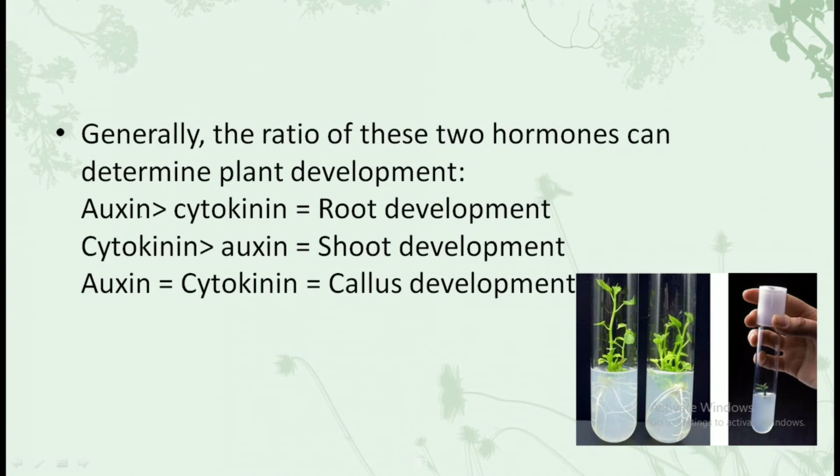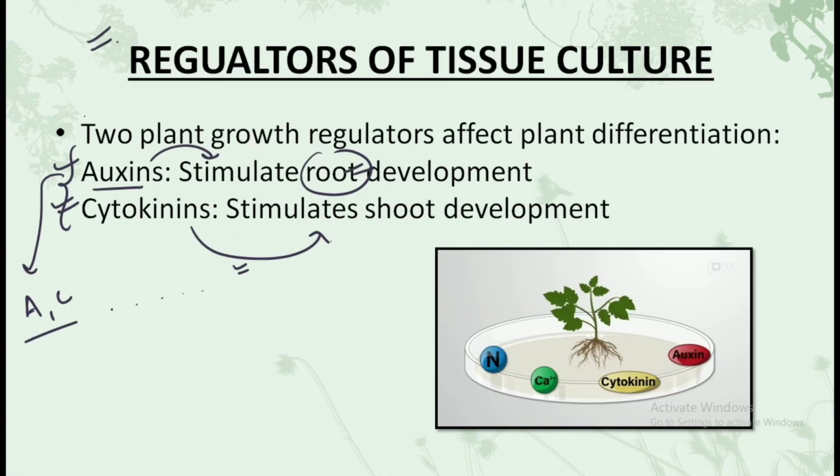So now let's discuss the various ratios and how the ratio, if changed, affects the growth. Generally, the ratio of these 2 plant hormones determines the plant development. In case 1, if we have more auxin and less cytokinin, there would occur formation of the root. Why? Because as we have discussed, auxin stimulates root development.